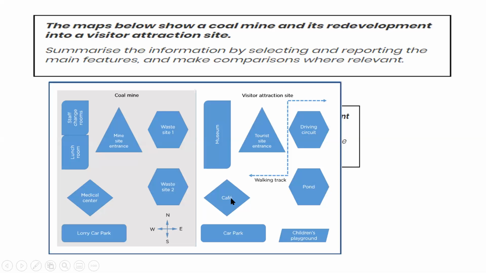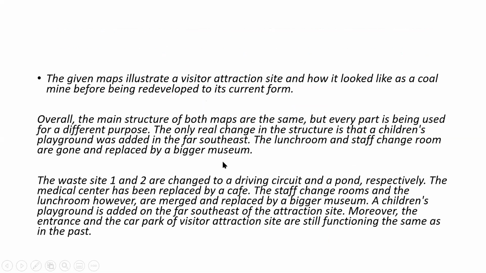So medical center by a cave. We also name them these ones, and the children playground and all of these in here. So the staff rooms and the lunchroom, however, are merged and replaced by a bigger museum. A children's playground is added on the far southeast of the attraction site. Moreover, the entrance and the car park of visitor attraction site are still functioning the same as in the past.